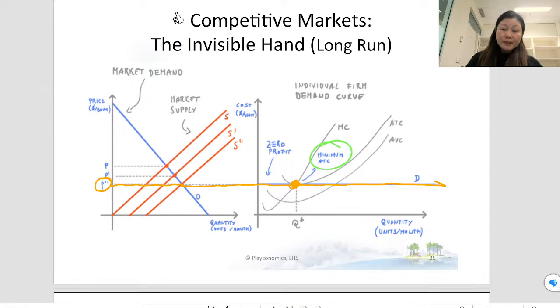This will be the point where there is zero profit. And so the supply curve will stop shifting to the right. There are no further incentives for any more firms to enter the market.